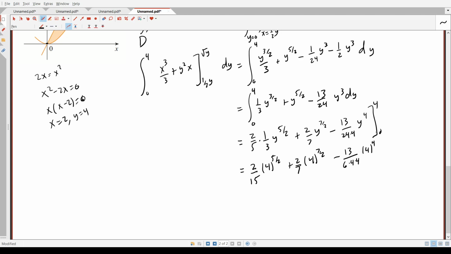And if I plug in 0, obviously I get 0 for each of those. Okay, so 2 over 15. Let's see, so square root of 4, that's 2. 2 to the 5, that's 2, 4, 8, 16, 32.